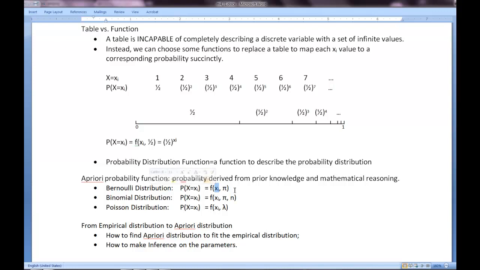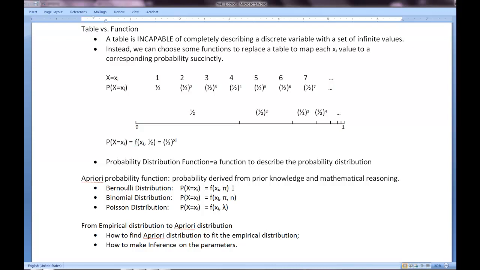So these functions are of varied complexity. However, the idea is still the same. It's mapping the possible value to its corresponding probability. And look at the first distribution. It only has one constant or parameter, which is denoted as pi here.